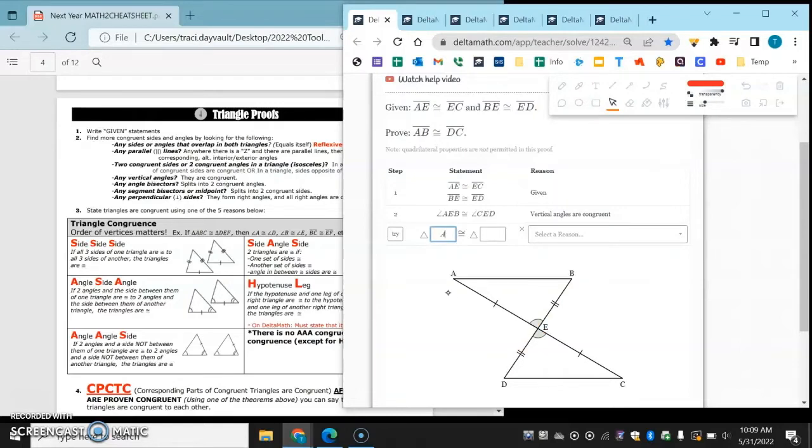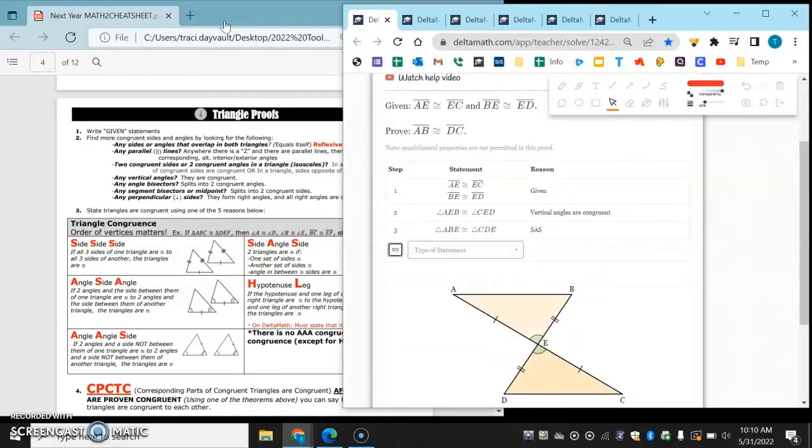So if I say ABE for this one on top, A corresponds with C, so I have to call the one on the bottom C, and then B corresponds with D, and E corresponds with itself. That's side, angle, side. So it doesn't matter which order you name the first triangle with, but the second one has to correspond.